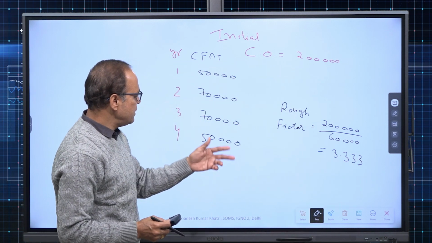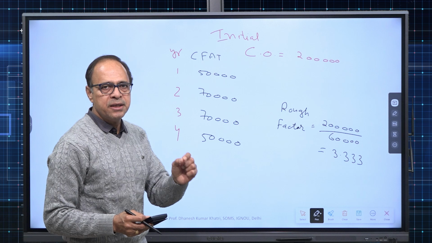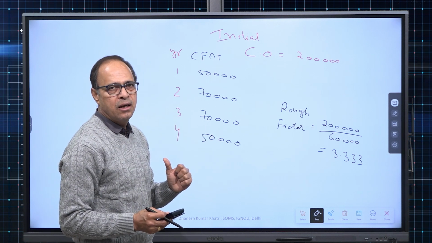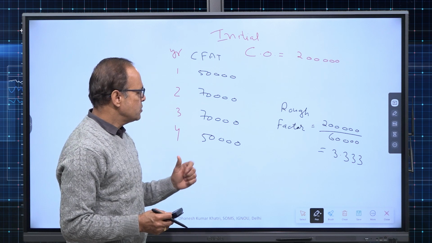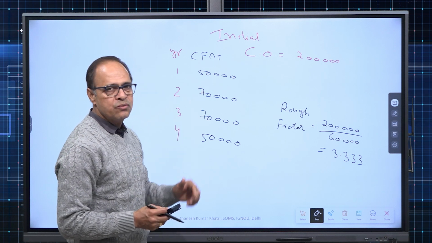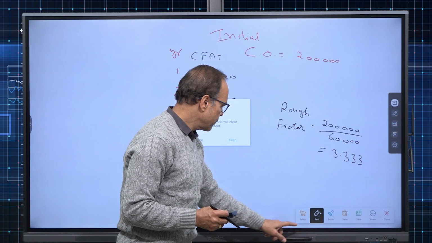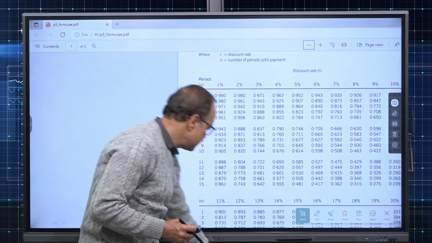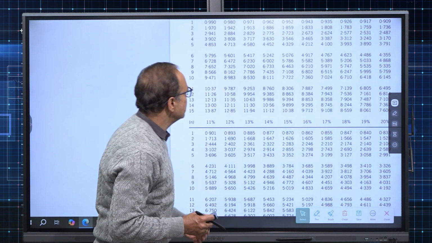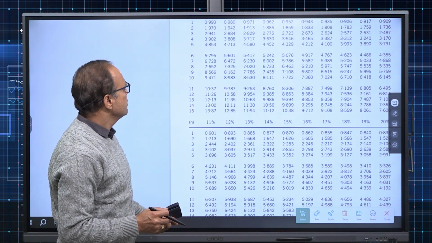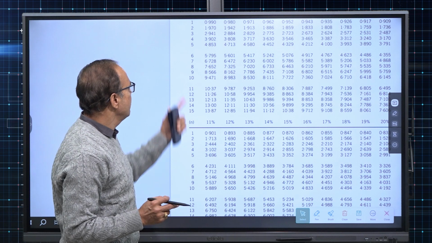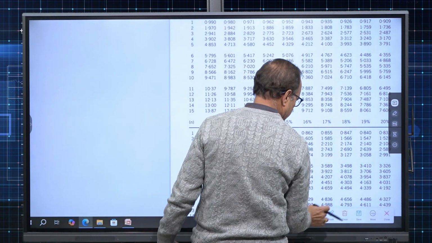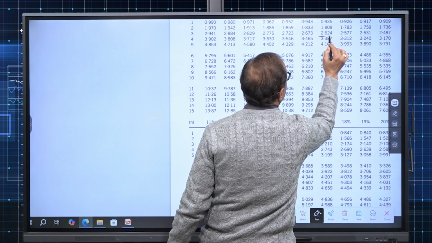So, this 3.333 has to be located in annuity table in the row of 4th year. So, we will search out for that. So, let us go to the annuity table. These values we have to remember. So, if I take you to the annuity table, so this is our annuity table. 3.333 has to be searched in the 4th year row, and you find out 3.333 comes at this level. So, this corresponding rate we have to find out.